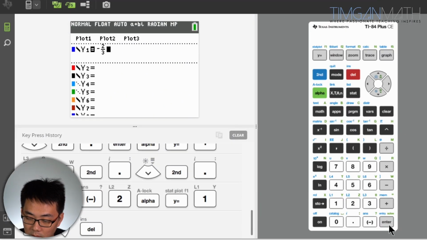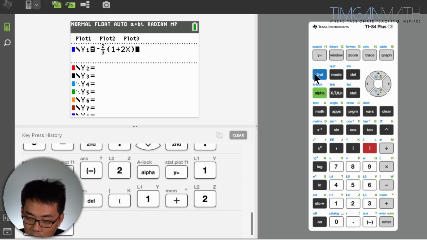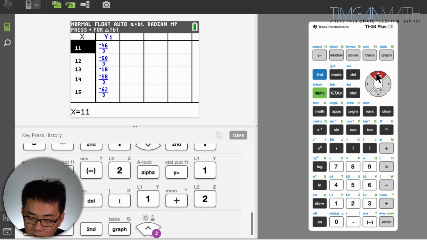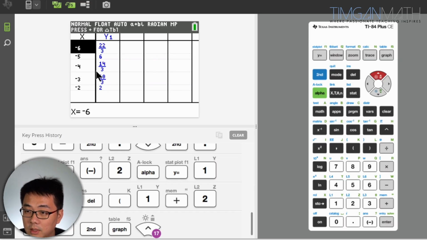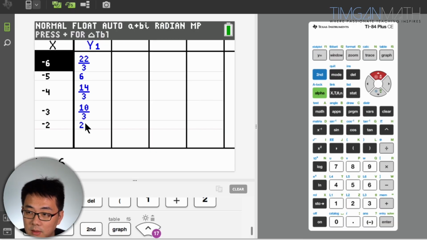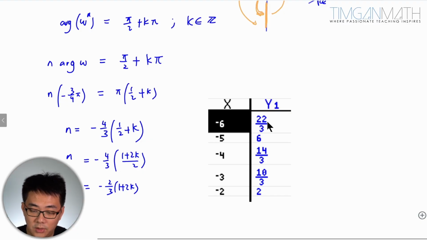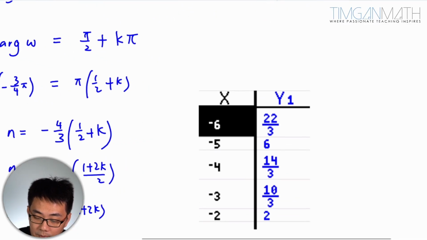Then we're going to put this 1 plus 2x into the second table. So you want it to be positive, of course. You have to make it positive. So it is here. You want the two smallest positive whole number values. So these are whole number values here, these are 2 and 6. Okay. So in this case, this is n.